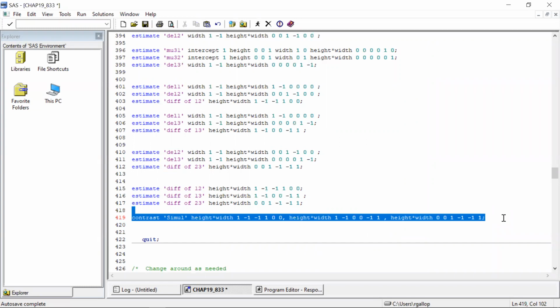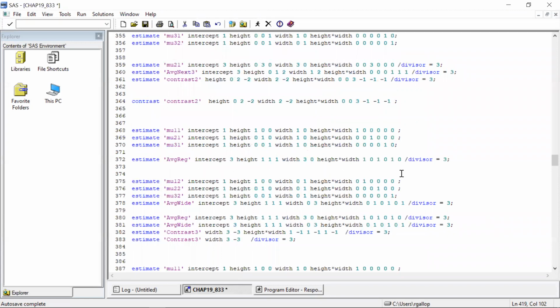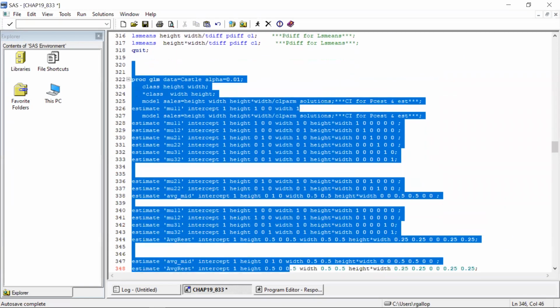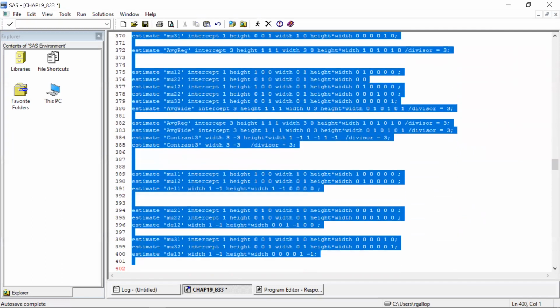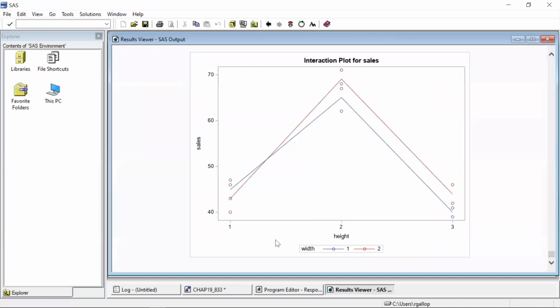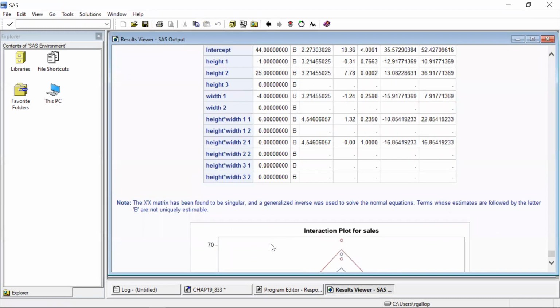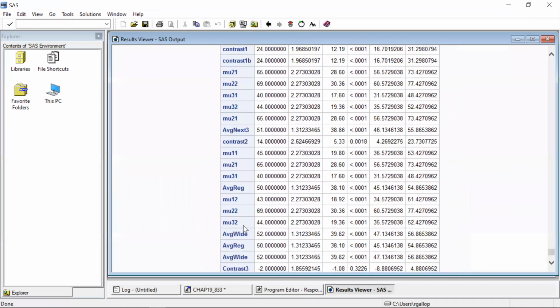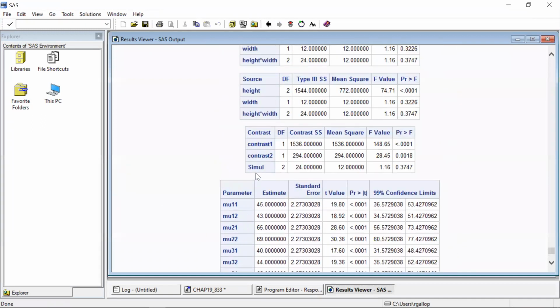This contrast here should match exactly the two-way ANOVA results. Let's go ahead and run this real quick. So when I run this, here is the respective contrast.